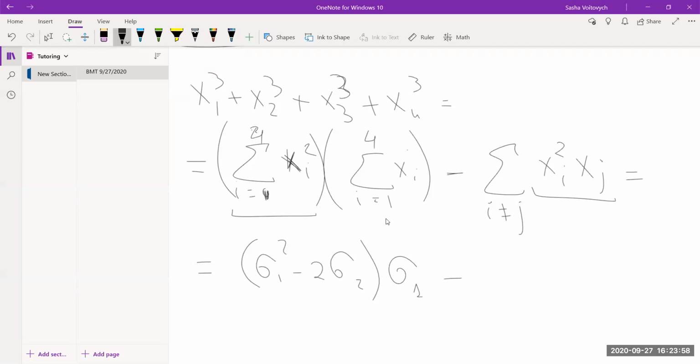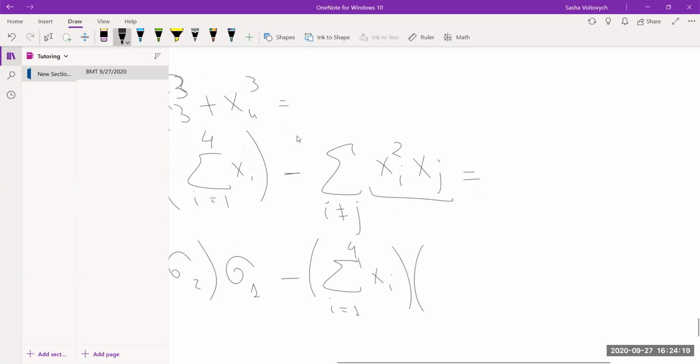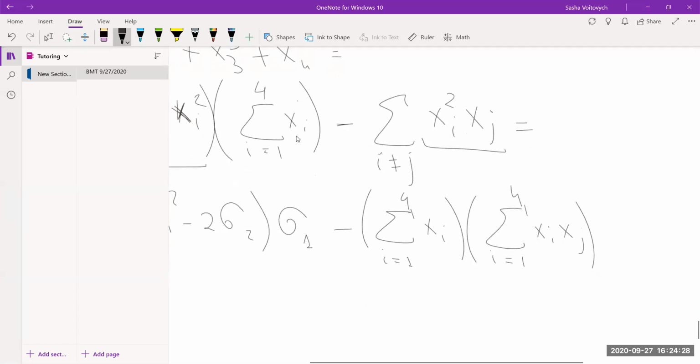So this guy is now equal to the sum of xi, i from 1 to 4, times the sum of xi xj. So this is just sigma 1 and this is just sigma 2.